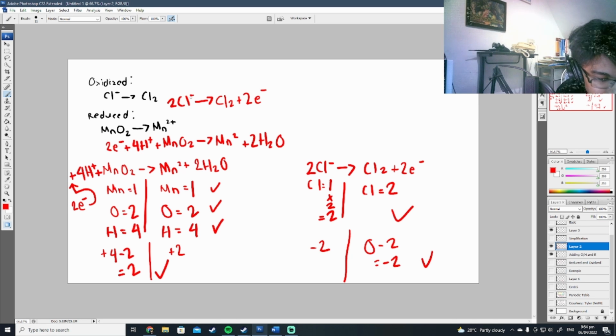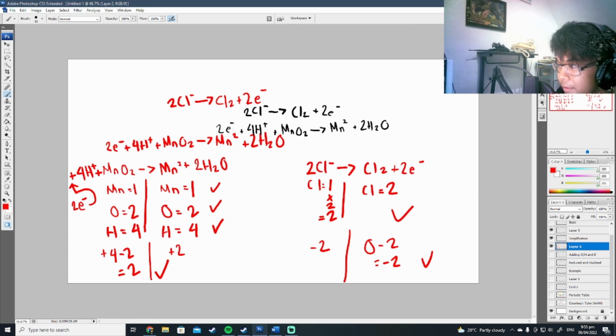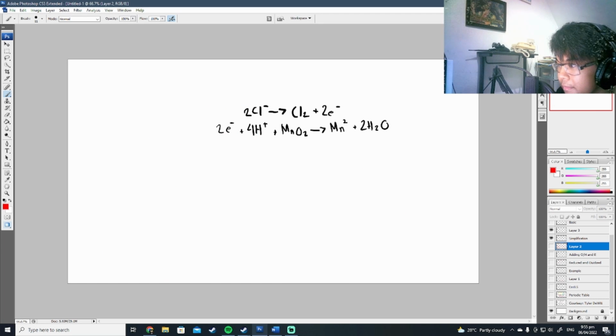So for our oxidized we have 2Cl- to Cl2 plus 2e-, and for our reduced, 2e- plus 4H+ plus MnO2 gives Mn2+ plus 2H2O. Remember these numbers right here, because that will be important for our next step, which is canceling out our electrons on both sides. So let's move on to that.